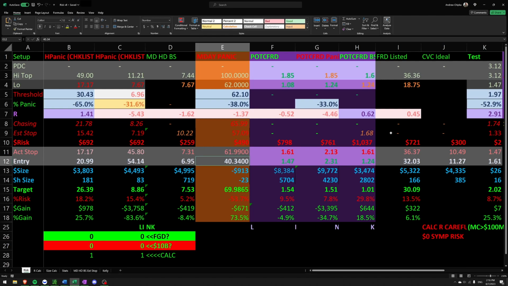Then my entry will be at the next higher low. Sorry, I get those confused. So the next higher low, that is where I want to enter, wherever that is. Let's say in this case it's 70.01, right over the higher low.